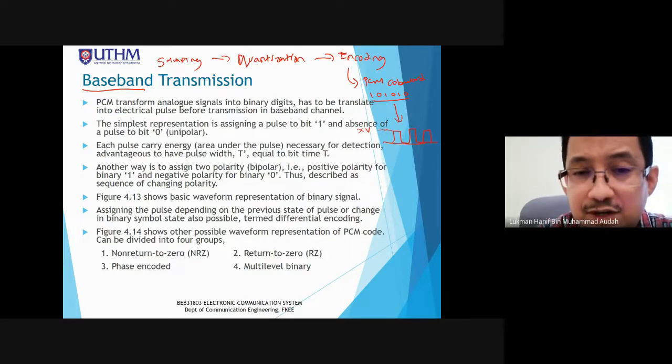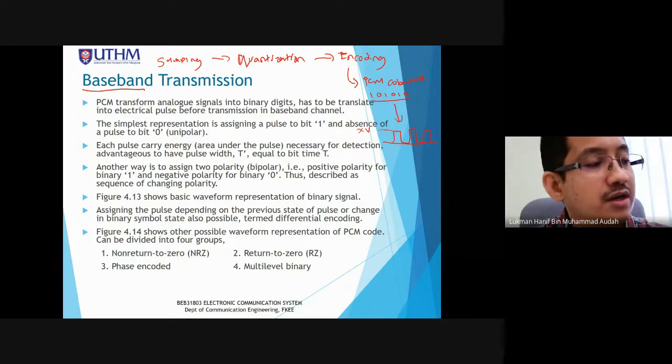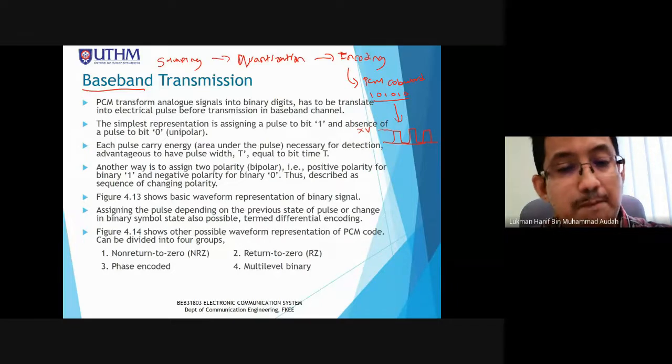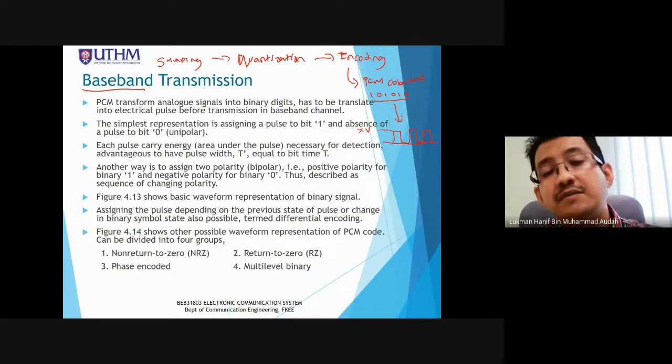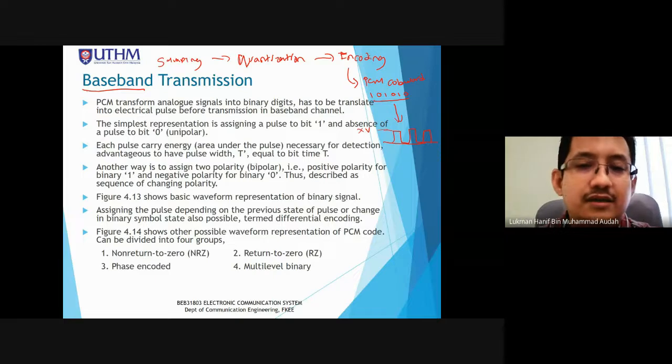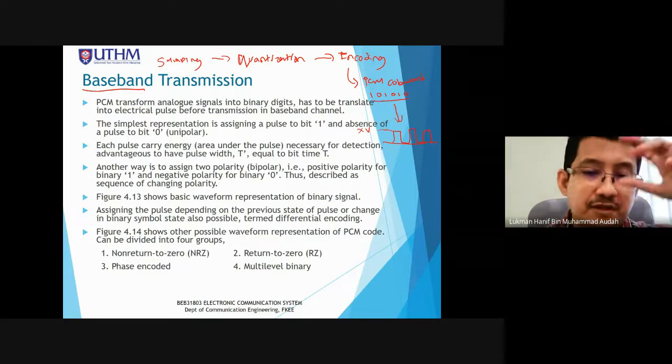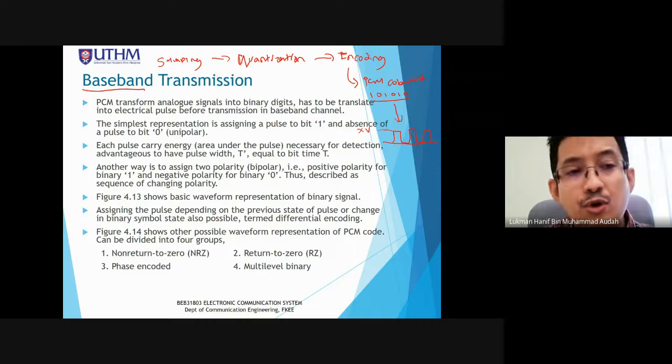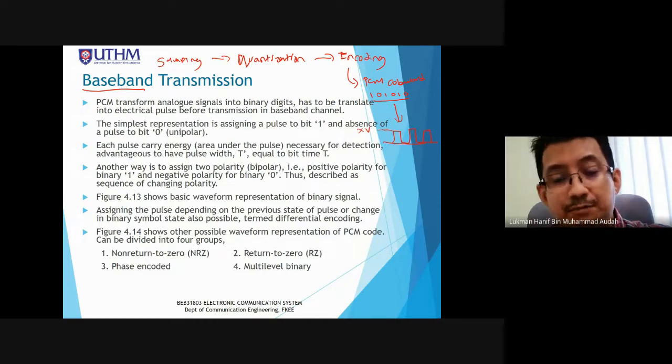So for logic 1, what is the voltage? For logic 0, what is the output voltage? So kita nak menukar kepada bentuk digital pulses. Okay, digital pulses dia ada dia punya voltage level. Okay, so from code word to voltage level of pulses.